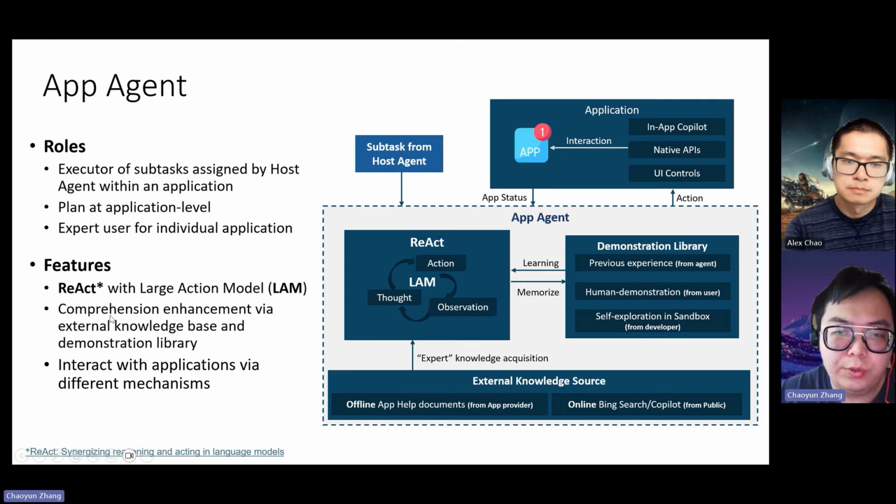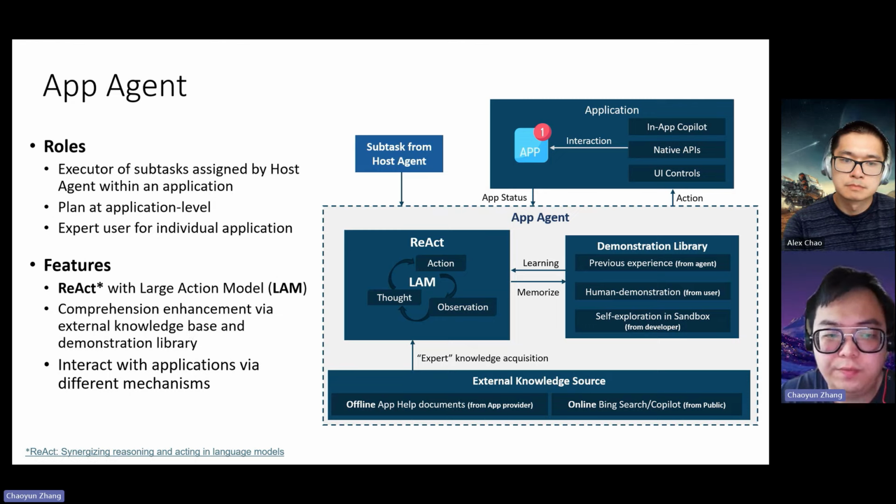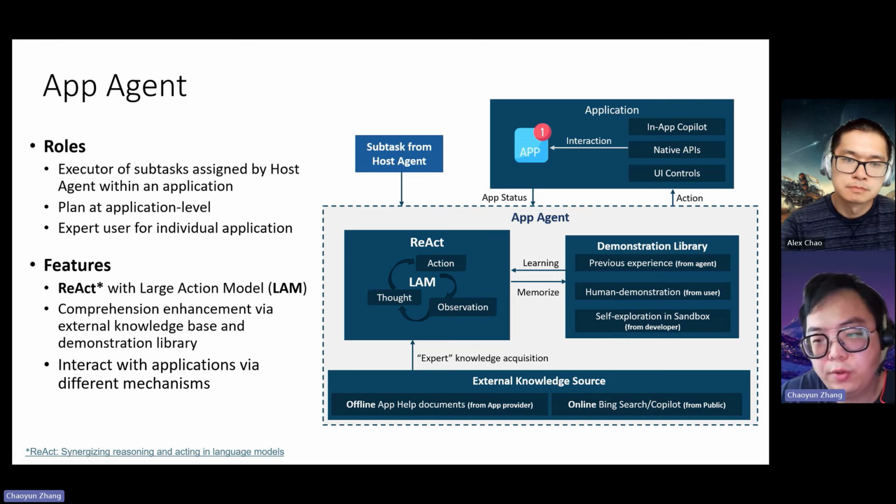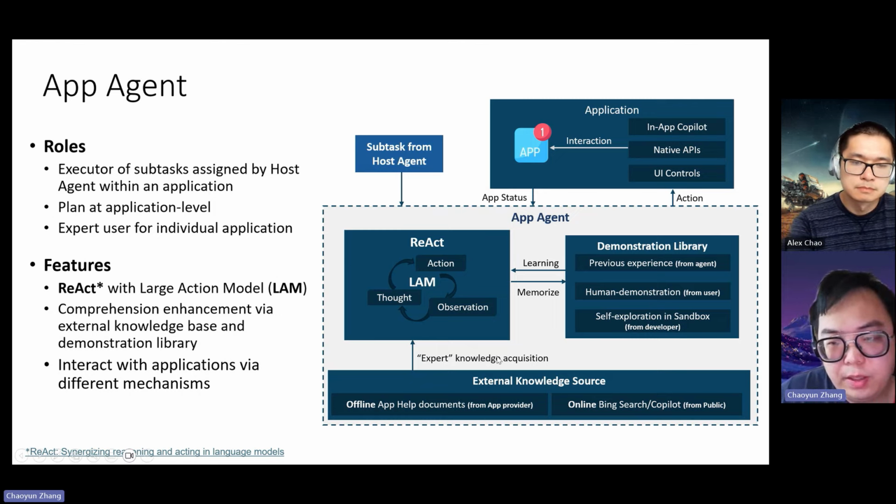To enable the app agent to complete diverse tasks, you try to enhance its comprehension of this application with different external knowledge and a demonstration library. For the external knowledge source, we will have the offline app help documents, typically from the app provider, or any online resources, and also we try to use online Bing search or copilots from the public to search for the solution for completing a request online.